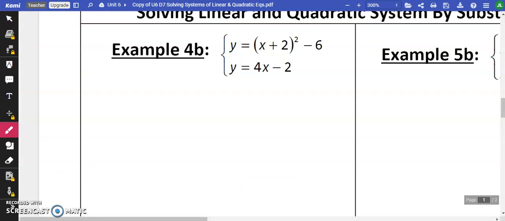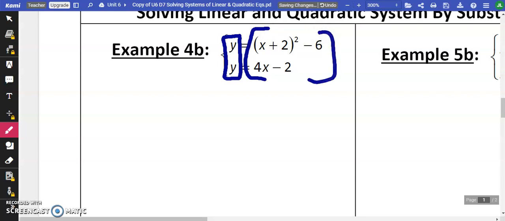So let's say that I was given these two equations and asked to solve for the points of intersection, or just simply to solve the system. Basically, what we're doing is looking for the points where the x's and y's match. Because my equations are already written in y equals form, I'm just going to take the two expressions with x and set them equal to each other.